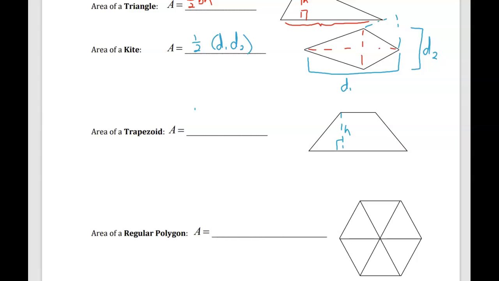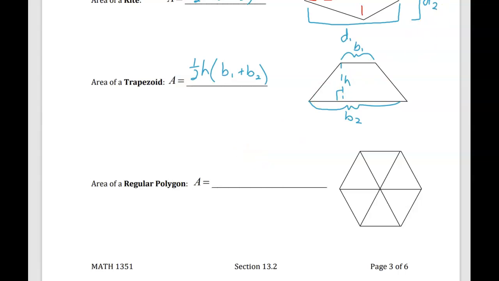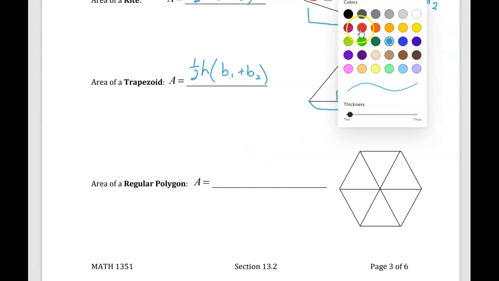And so we look at 1/2 of the height times our B1 plus our B2. So we add our bases here. So in a trapezoid, think of your T and we add a T. We have a T here, okay? That's one way to kind of look at it with the trapezoid.